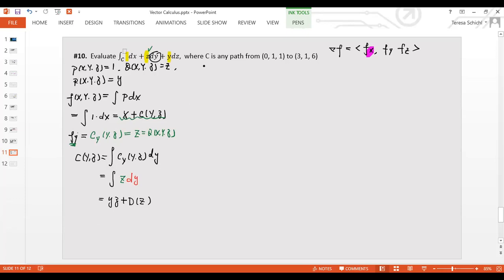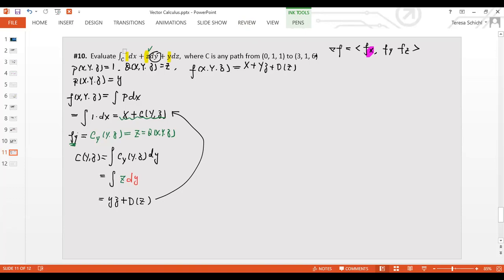Now let's take a look at what we have here. I substitute this one back to here. So what I get here is f of x, y, z is equal to x plus yz, plus some function d of z here.